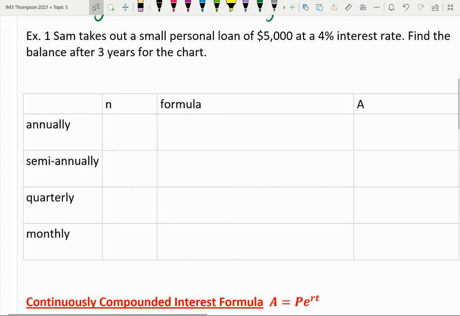This problem is designed to give us practice with money being compounded a different number of times without us writing out 4 different problems. So just a little extra practice with a little less writing.